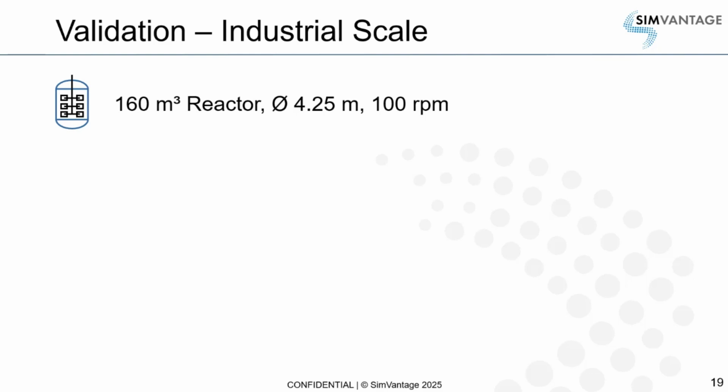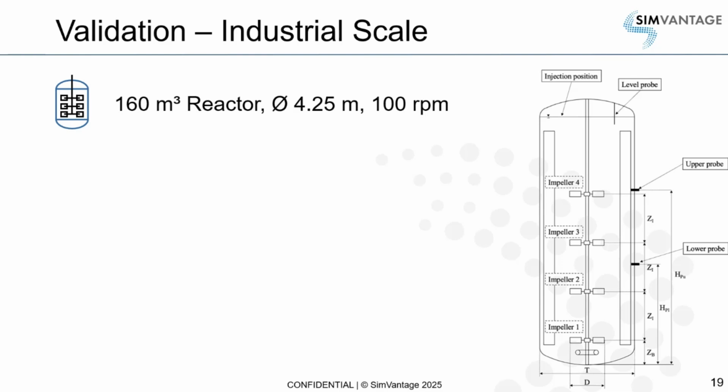And we did also validation not only in the small scale, but also in the industrial scale with a 160 cubic meter reactor. And this reactor had two conductivity probes, and a salt was injected at the top and then was homogenized by the 4 impellers.